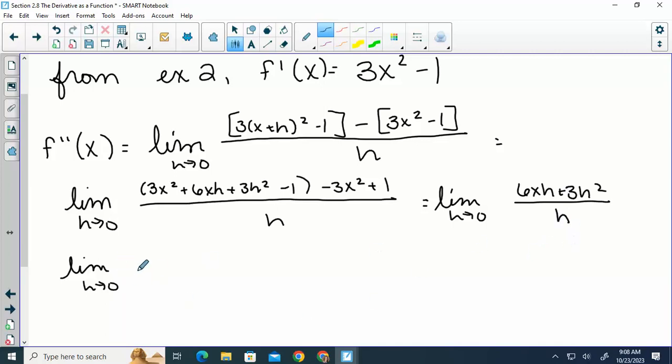We can take an h out of everything, so that gives us 6x plus 3h. If you plug in a 0, you get 6x for the second derivative. It's not true with every function, but with polynomials, the more derivatives you do, the nicer your answer becomes. So you usually lose terms as we go through.